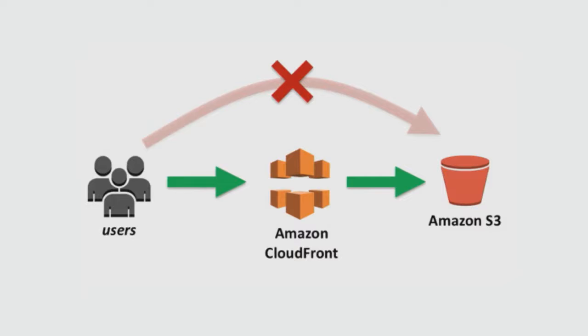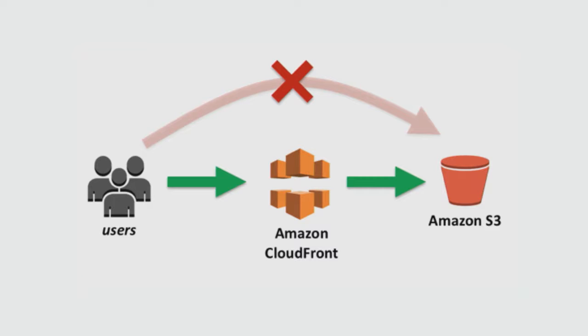Another security feature of CloudFront is Origin Access Identity, or OAI. Let's take a look. OAI restricts access to an S3 bucket and its content to only CloudFront and operations that CloudFront performs.